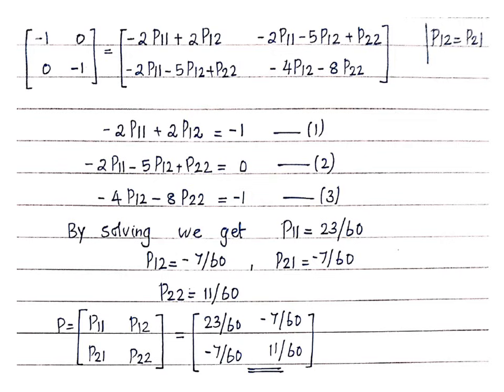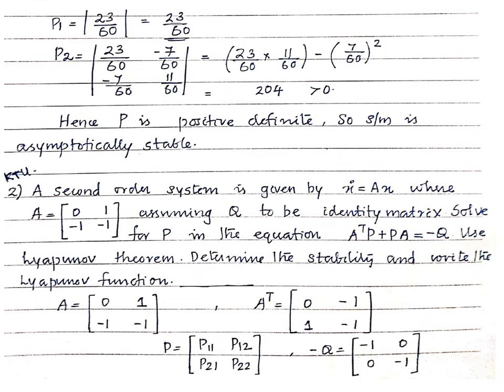Then we can write the matrix P, which is shown in the figure. Then we have to find out the sign definiteness of this particular matrix P by taking the principal minors P1, P2 and P3. Here it is a 2 by 2, so we have to take P1 and P2, and we know that these two values, that is the determinants of P1 and P2, are positive. So P is a positive definite matrix, so the system is asymptotically stable.